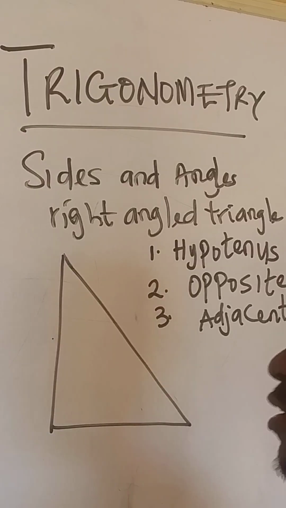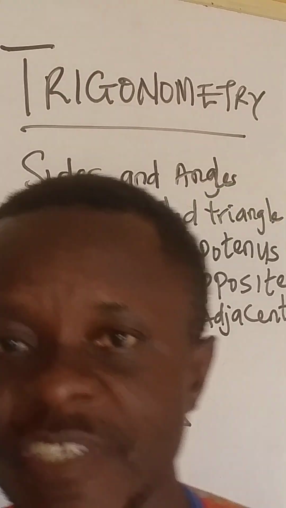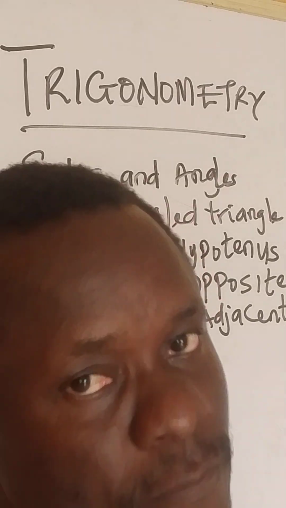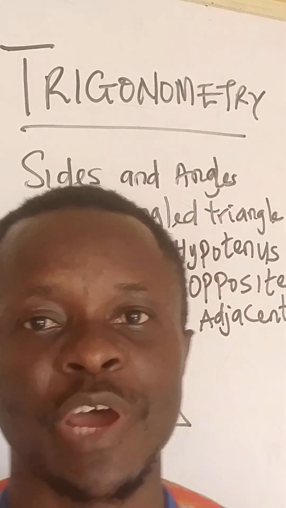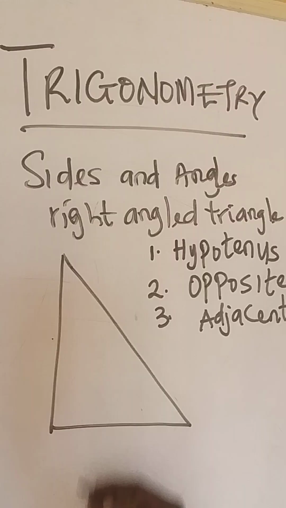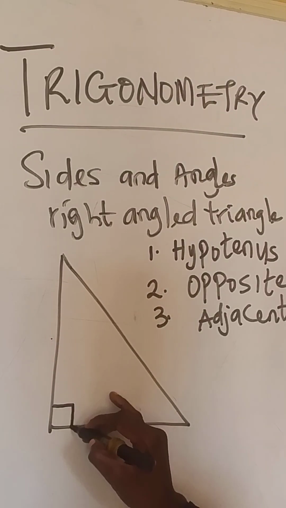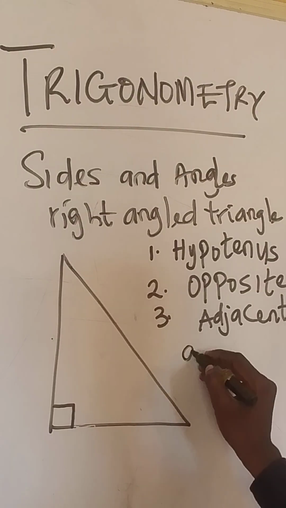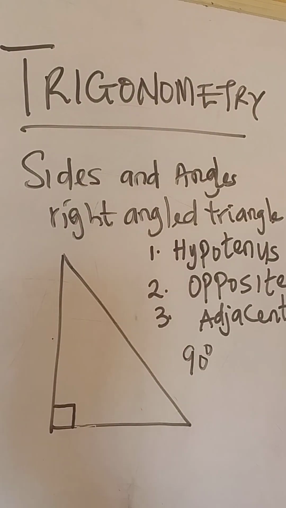So how do we know the opposite? How do we know the adjacent? And how do we know the hypotenuse? Now, in a right angle triangle, we call this place the perpendicular line. And you know that perpendicular line is always 90 degrees.